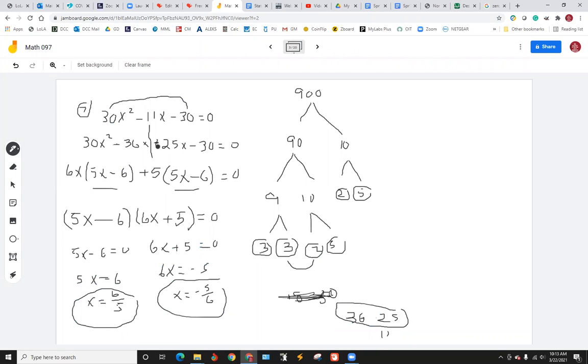You can still move the factors around to find the ones that give you what you want.